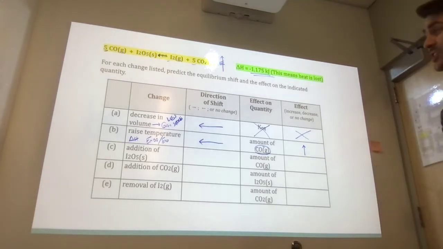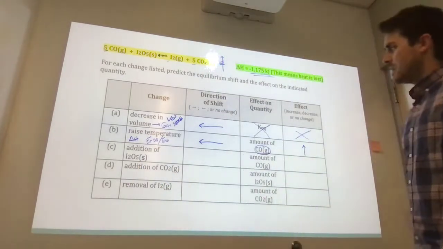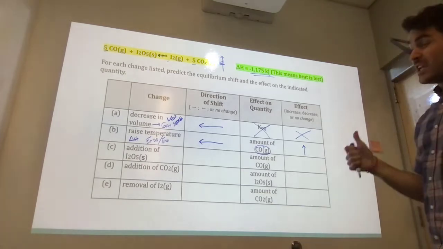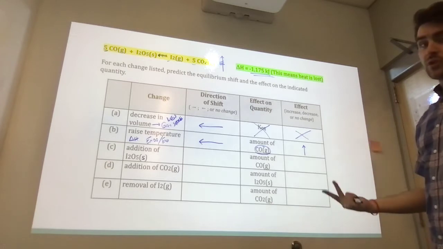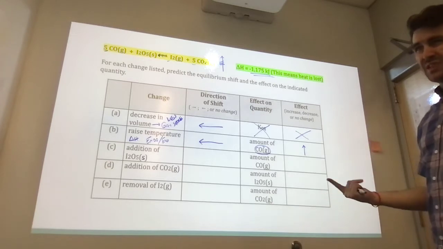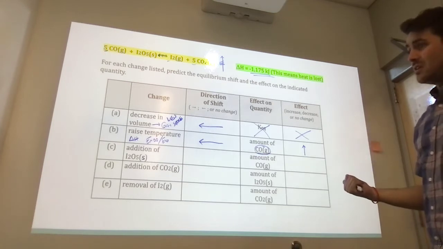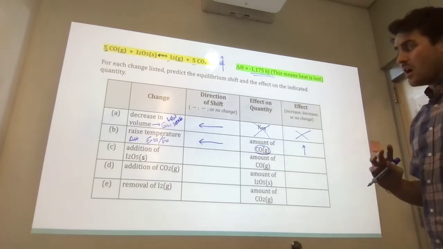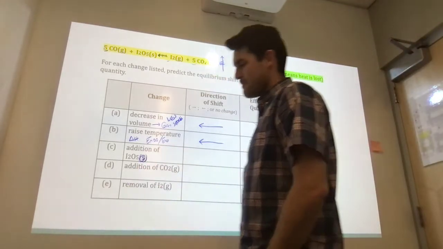C says the addition of I2O5 solid. Now here's the trick. We talked about 3 stresses in this class. The stresses are a change in concentration, a change in temperature, and a change in pressure. Pressure deals with gas particles, temperature deals with energy, and concentration deals with aqueous solutions. Those 3 changes, none of those are associated with the solid state of matter.